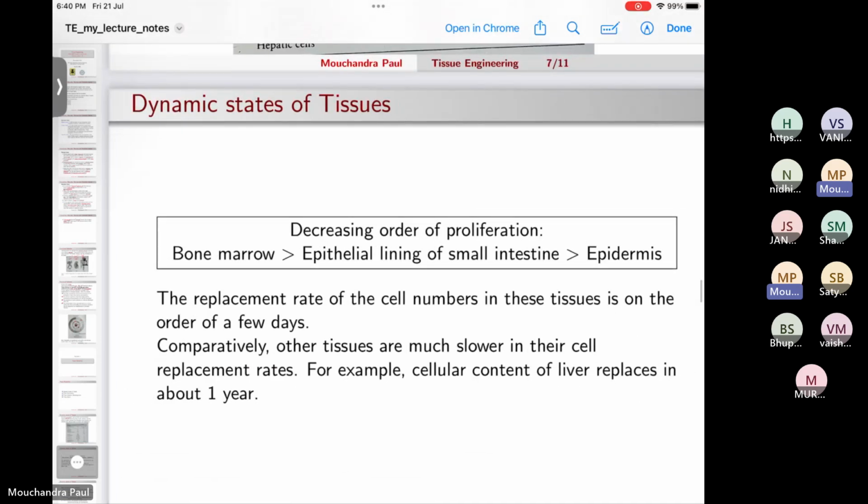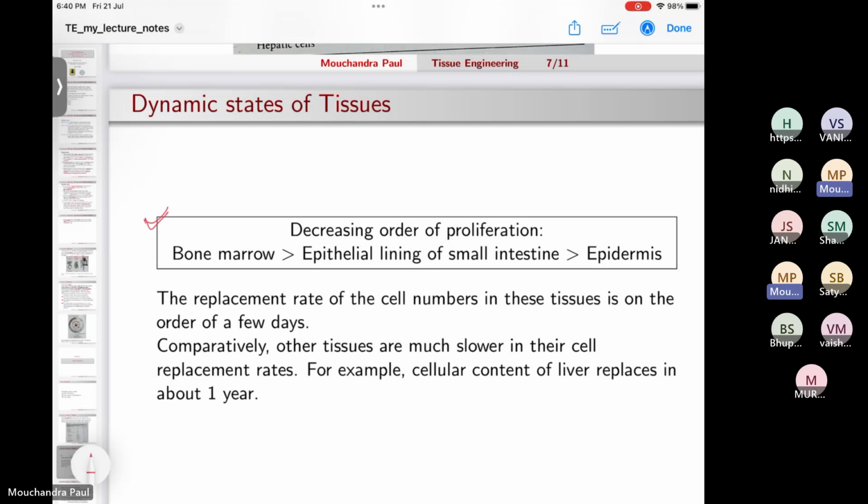Now if you look in humans, this table or box is talking about the organ types in humans. If you look at the bone marrow, the epithelial lining of the small intestine and the epidermis of skin, and arrange these three organs in decreasing order of proliferation, you will see that the bone marrow is the most prolific organ in our body, whereas the epidermis is the third.